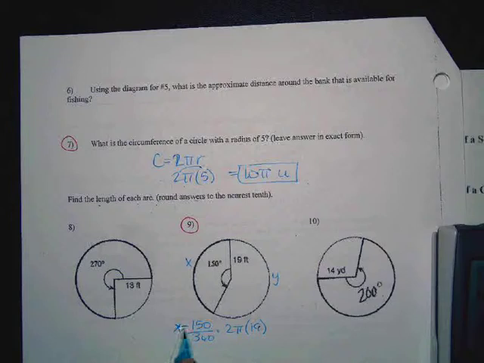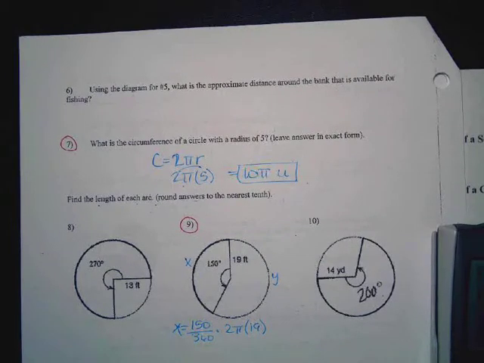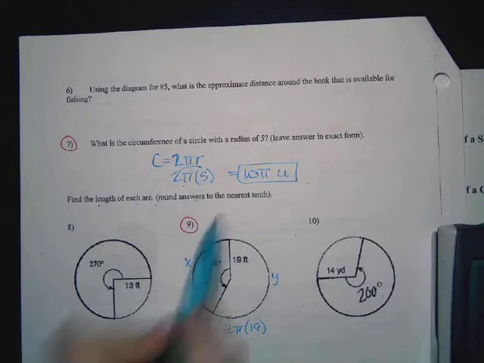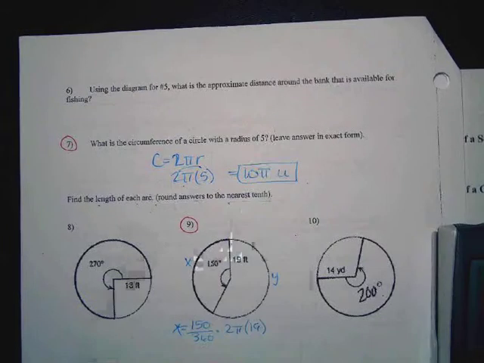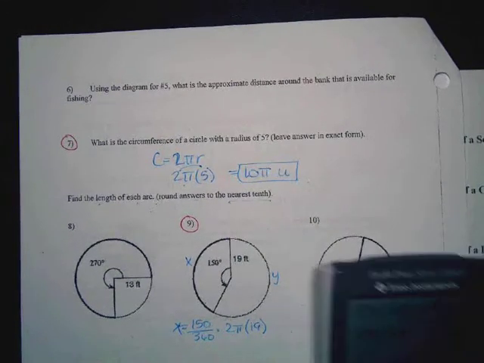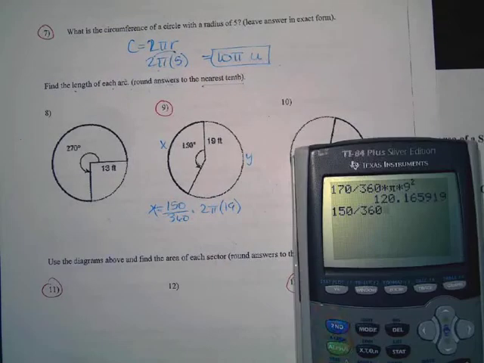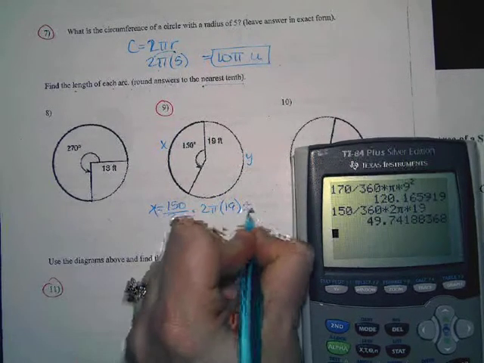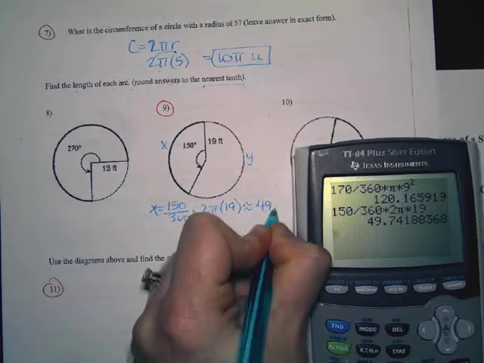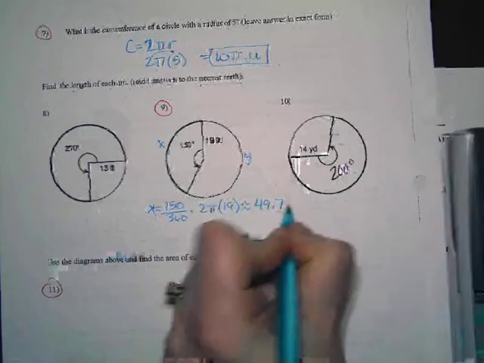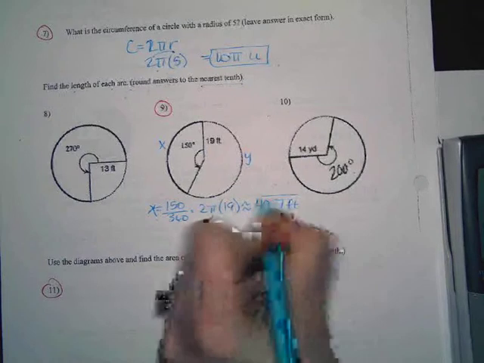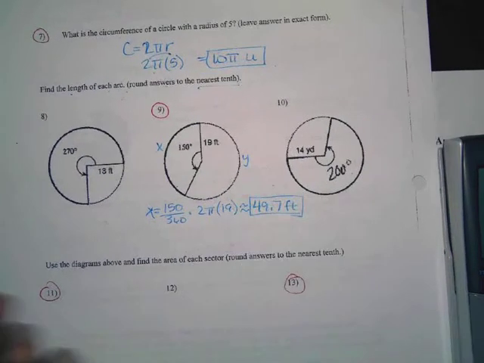Since it says round to the nearest tenth, we're going to type the pi button in the calculator. So I'm going to have 150 divided by 360 times 2 pi times 19. Comes out to about, nearest tenth, 49.7 feet, because this is just arc length.